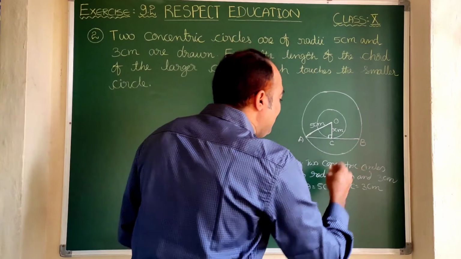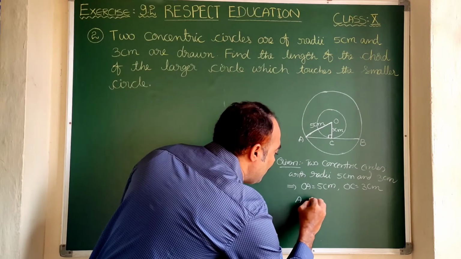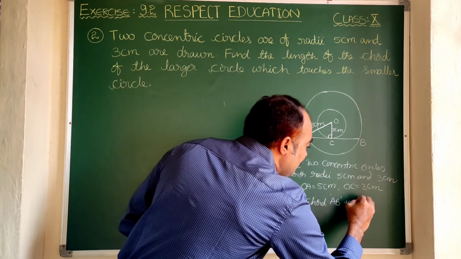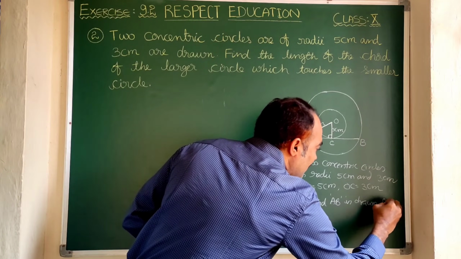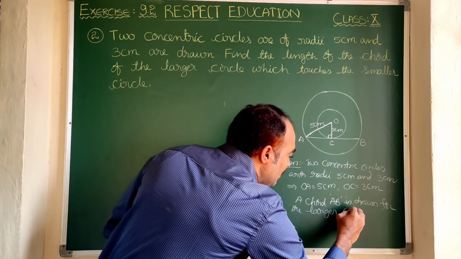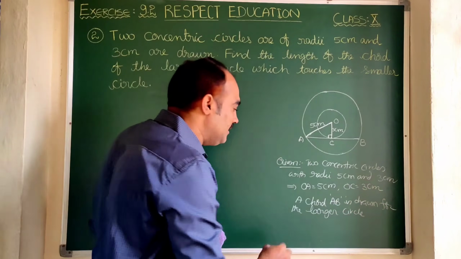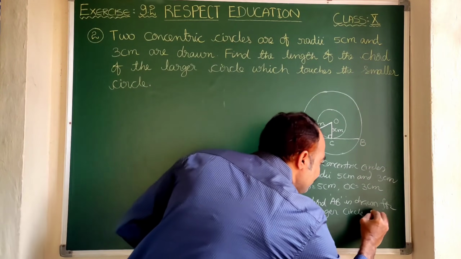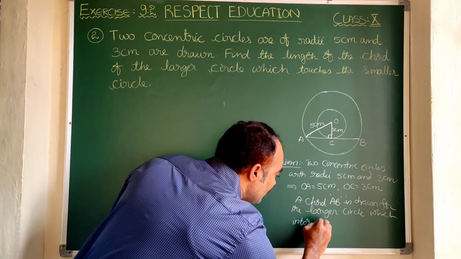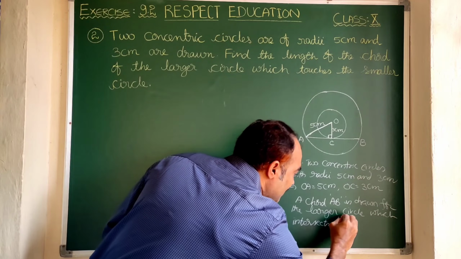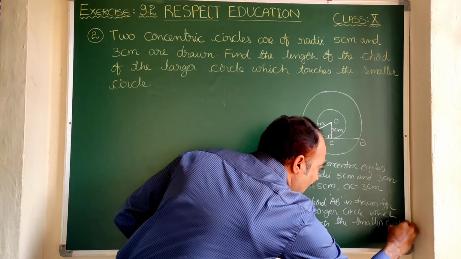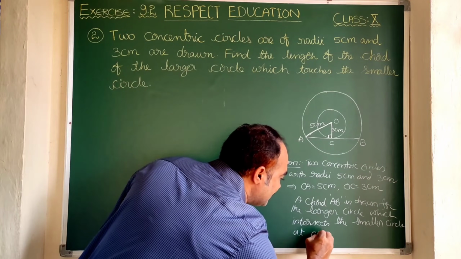And a chord AB is drawn for the larger circle, right, which intersects the smaller circle at a point C.